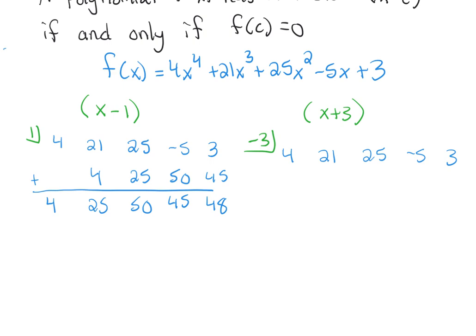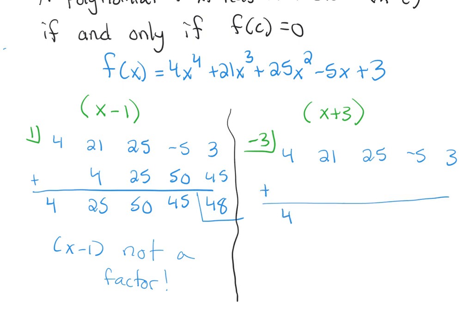For this one, we can clearly see we do not get remainder 0, so we have a remainder of 48. So we can say that x minus 1 is not a factor of the original polynomial. So let's test the other factor, x plus 3.